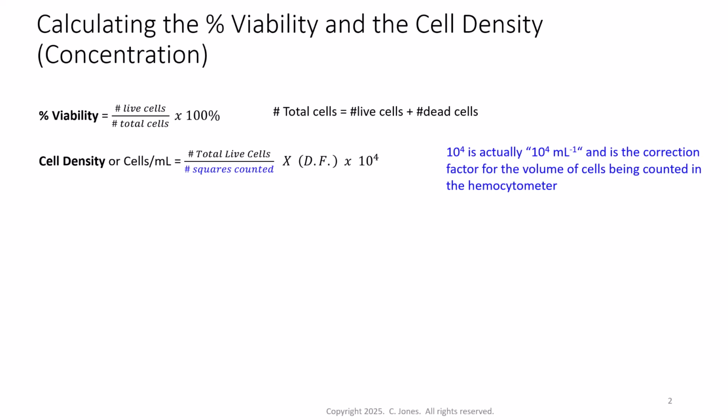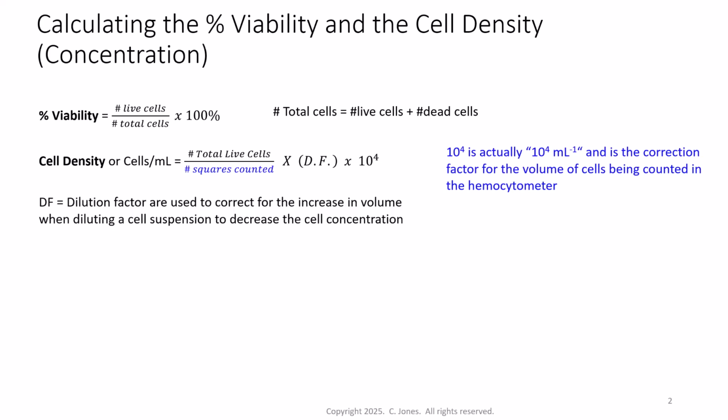This is the correction factor for the volume of cells being counted in the hemocytometer, providing that you load the hemocytometer correctly. Okay? The dilution factor is then used to correct for the increased volume that we get when we dilute a cell suspension. And if we increase the volume the cells are suspended in, that decreases the concentration.